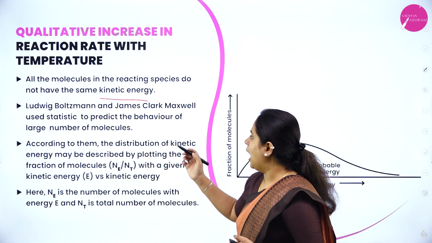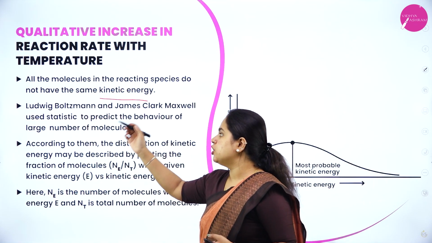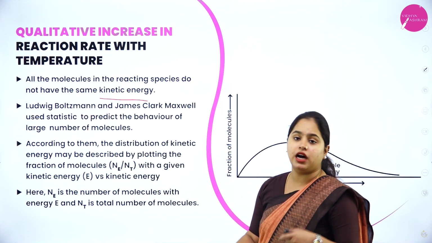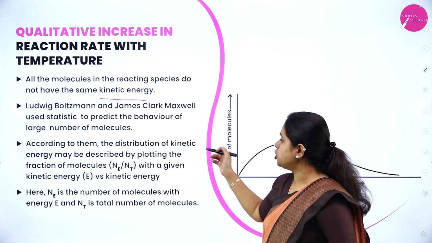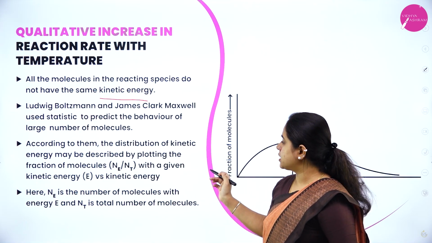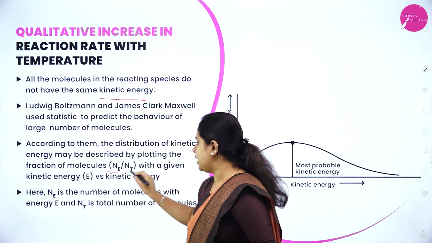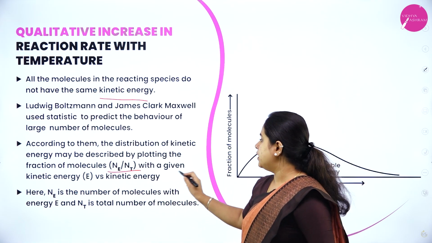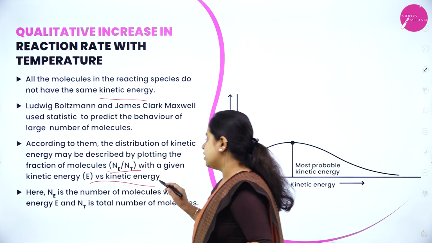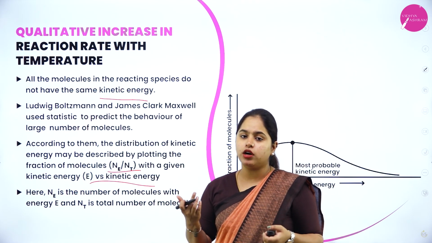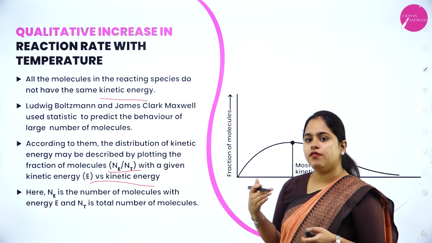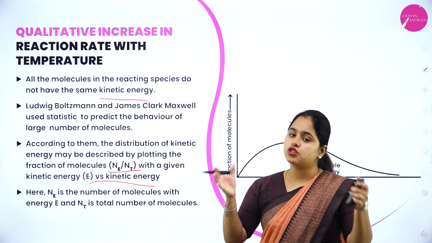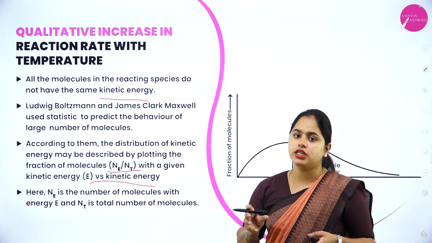Ludwig Boltzmann and James Clerk Maxwell used statistics to predict the behavior of a large number of molecules. According to them, the distribution of kinetic energy may be described by plotting a graph between Ne by Nt and the kinetic energy. If we plot a graph between the fraction of molecules and the kinetic energy, we can understand which energy most of the particles will possess.